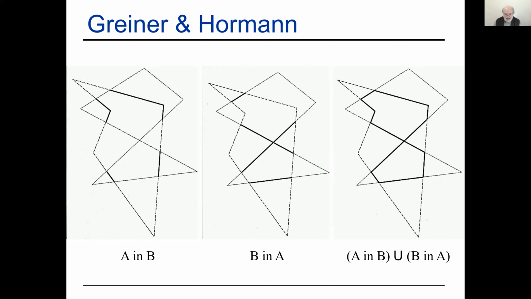And once you've done that, you can now easily do funny Boolean operations with them, where, for instance, you can look for the polygon of A that is in B, or for B that is in A. And if you take the union of these, right, then you get actually the computation of the part of the intersection of these two polygons.